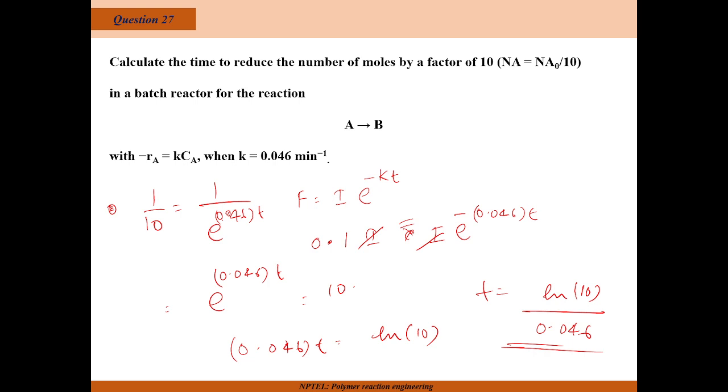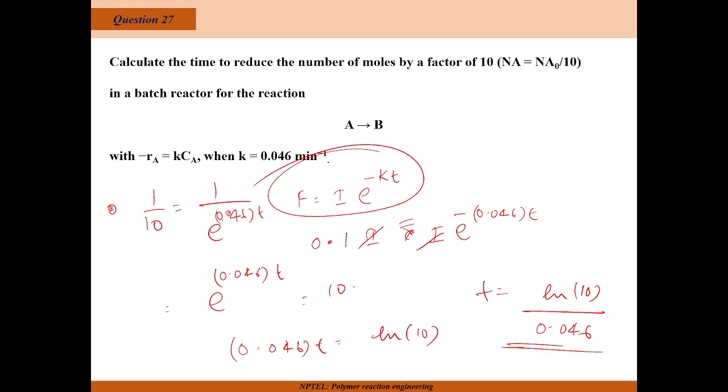The answer is around 20 minutes. We just need to know how this equation goes, and everything else is pure, very fundamental mathematics, so everyone can do it.